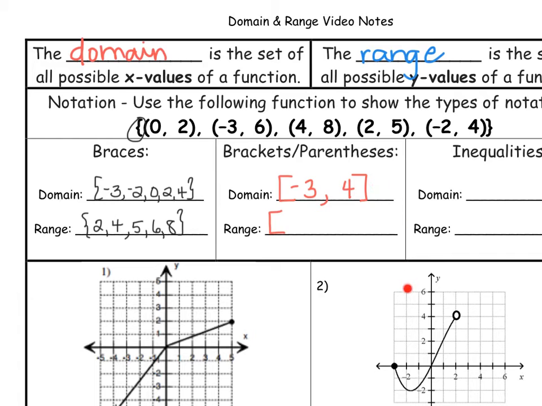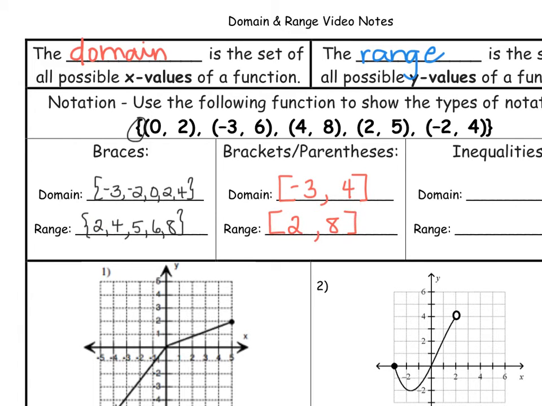And usually these are used with a graph. The range, same thing. We include, on the left, our smallest number to our largest number, and then we close these brackets off. So one thing I do want to mention is that, because it's a bracket, 2 is included in the set.